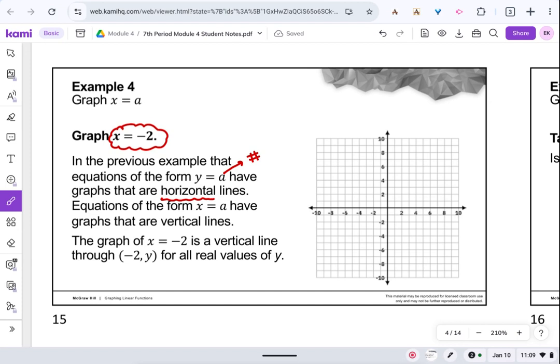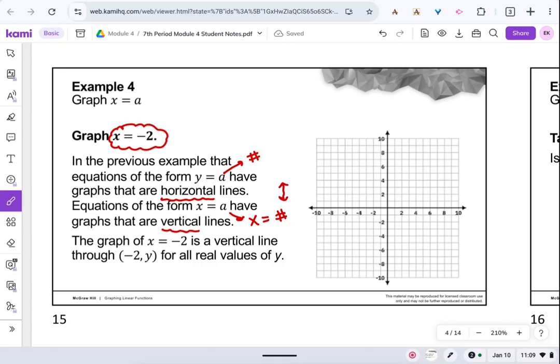Equations of the form x equals a, or x equal to some number, they have graphs that are vertical lines. So a vertical line looks like so. So the graph of x equals -2 is a vertical line through (-2, y) for any number y.